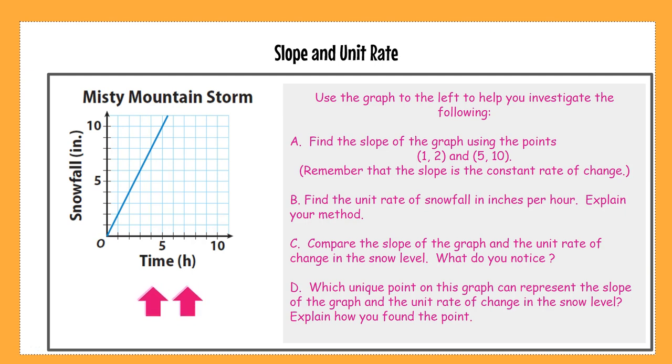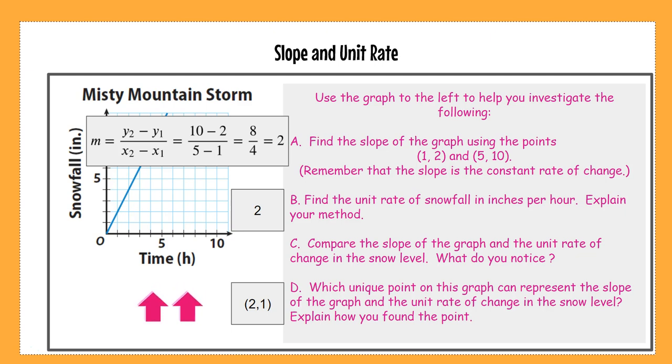All right, welcome back. Let's talk about these 4 parts together. The first thing we're going to do is find the slope using our slope formula. Remember, that's the change in y over the change in x: y2 minus y1 over x2 minus x1. So here's my formula.